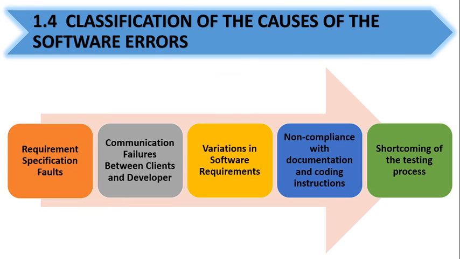Then, variations in software requirements. A developer may deviate from the documented requirements, and such actions are often a cause of software errors. The errors can result from such changes in these cases.